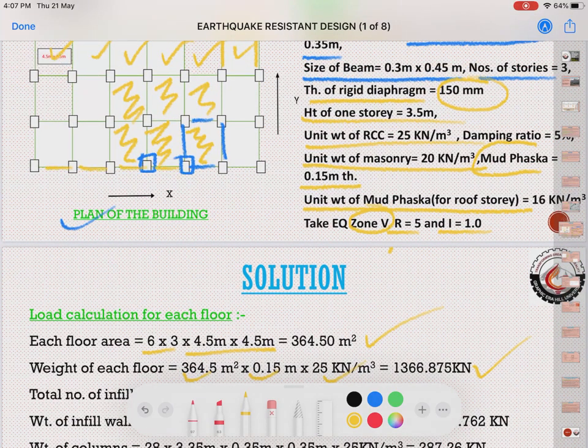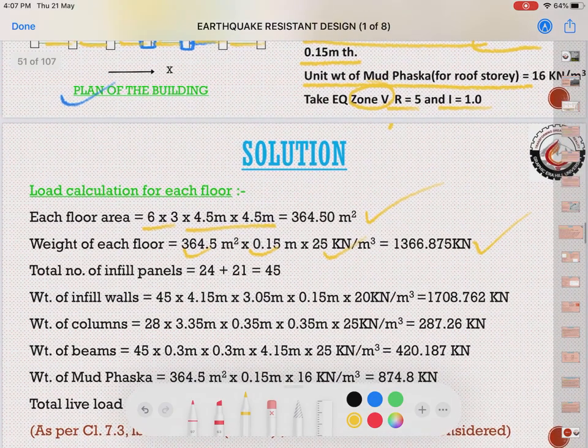All of this floor is supported by beams. How many beams are there? 1, 2, 3, 4, 5, 6, 7, 8, 9, 10, 11, 12, 13, and like this, if you add, you will get 45 beams. Above all those 45 beams there are brick infill walls.